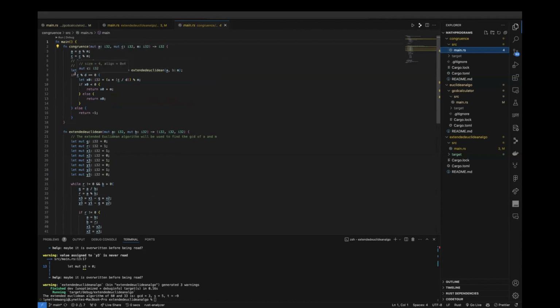And then we check if D divides C. So if it is equal to 0, then that means they can divide, and we continue with the process. Otherwise, we're supposed to return, okay, here I'm supposed to update it to return an error.